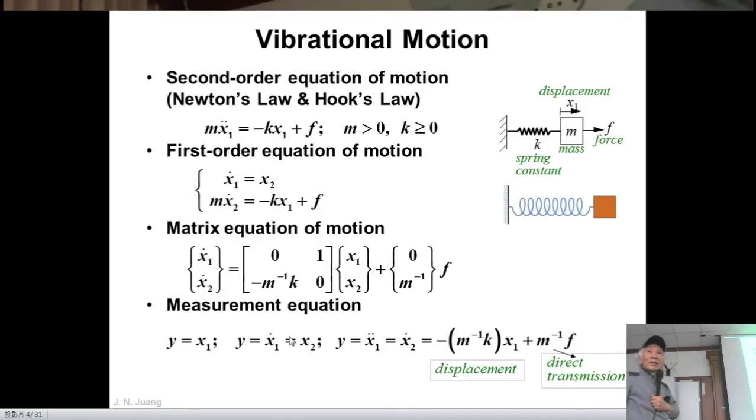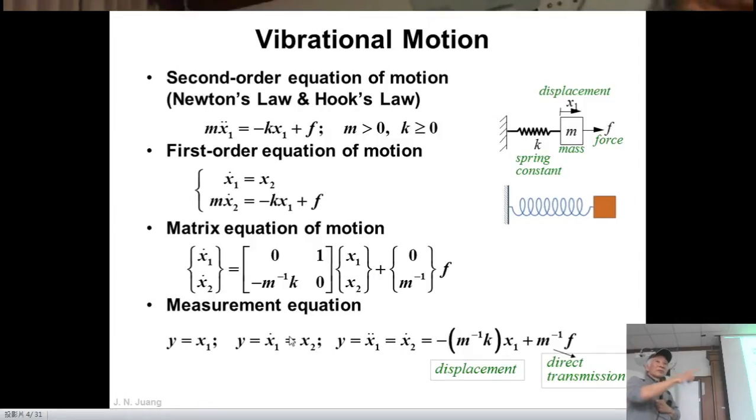So, we are talking about ODEs. We are not talking about ODEs mathematically, we are talking about ODEs physically. We must understand all the physics for this kind of simple motion.